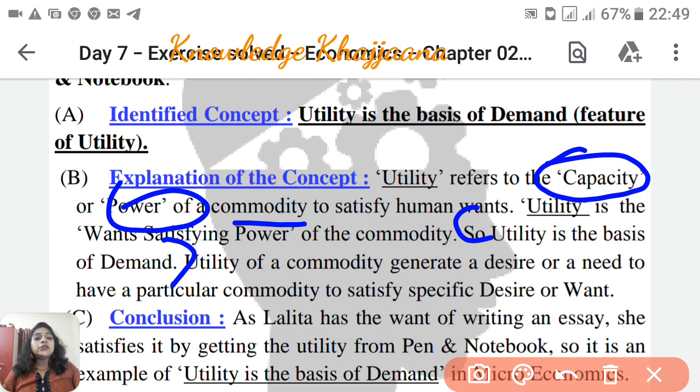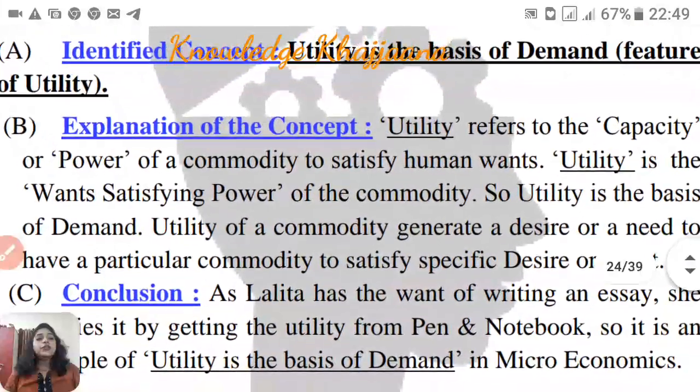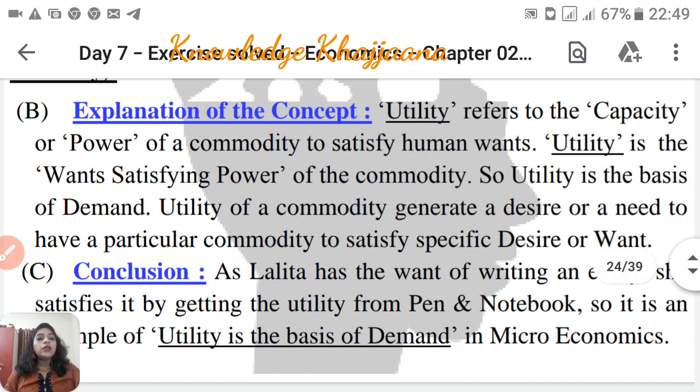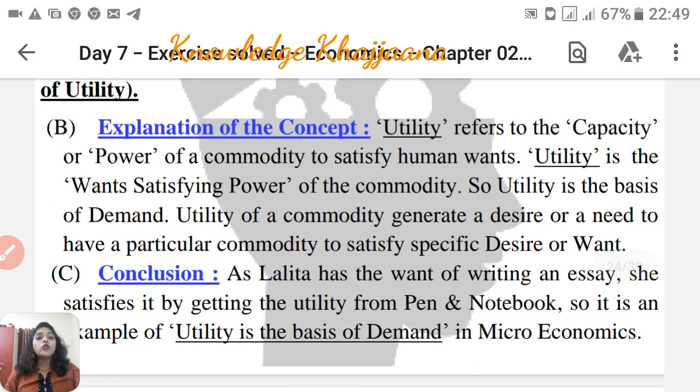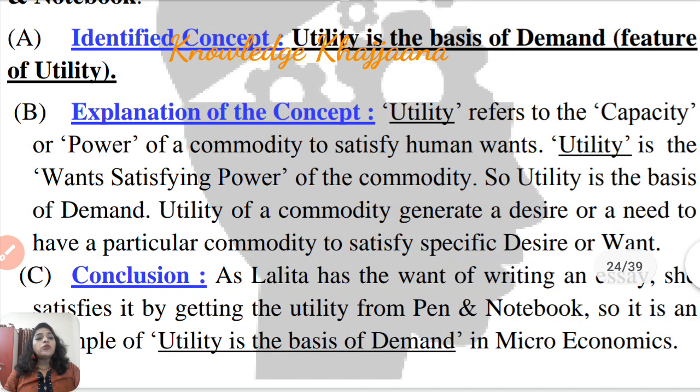Utility of a commodity generates a desire or a need to have a particular commodity to satisfy a specific desire or want. See, whatever utility is hidden in a specific commodity generates a desire to have it, to satisfy any specific want related to that commodity.